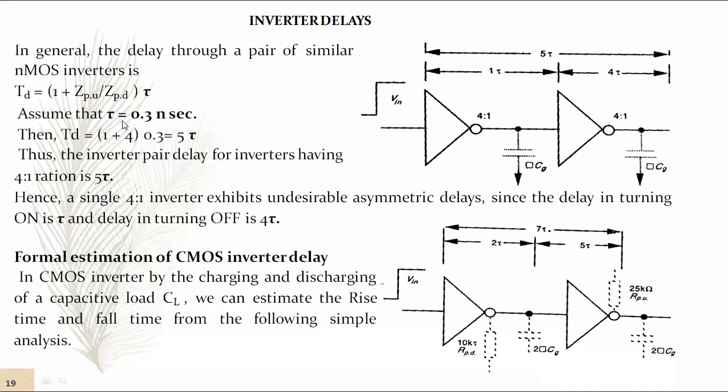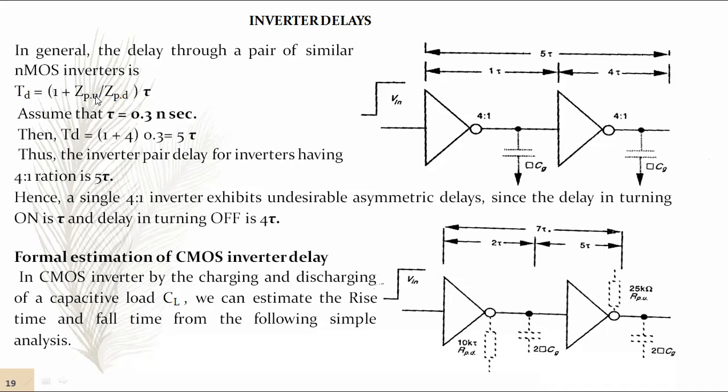Assuming that tau equal to 0.3 nanosecond. We have assumed that for a 5 micrometer technology, tau is 0.3 nanosecond. For one inverter driven by another inverter, the ratio is 4:1. That is, a depletion mode device is 4 times the enhancement mode device.